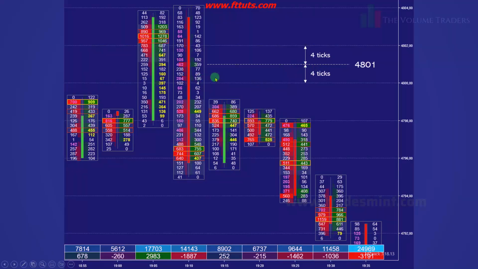So each tick is worth 25 cents of price difference. For example, at the round number 4800, there were 102 sell contracts before 284 sell contracts. So it shows the quantity of sellers and buyers which already joined the market.